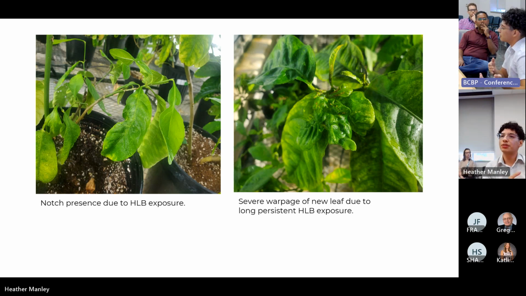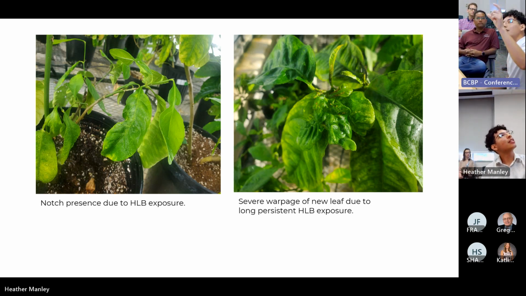Well, HLB is the actual disease that was named way back when in China 100 years ago. It stands for Huanglongbing, which is also a translation of yellow shoot disease. A bit of relevant facts, I guess. And on the right-hand side, we can see the notches as a result of long exposure to CLas infection.